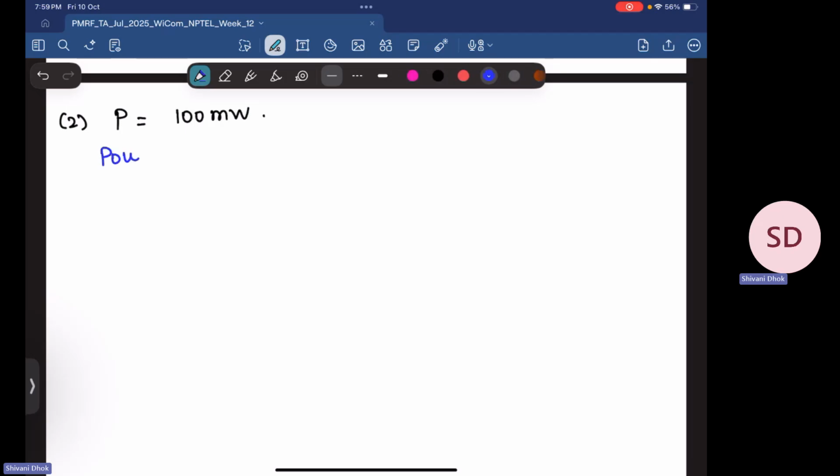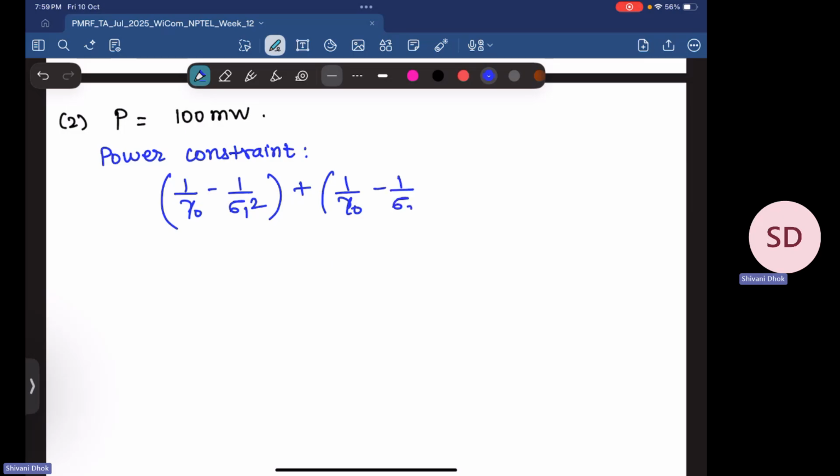So power constraint gives us 1 by gamma naught minus 1 by sigma 1 square plus 1 by gamma naught minus 1 by sigma 2 square is equal to 100 milliwatts. That is 100 into 10 raised to minus 3.